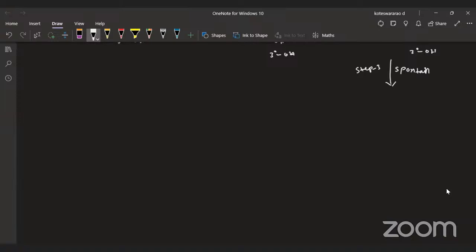Spontaneous lactonization. What is lactonization? Suppose it is a long chain system.